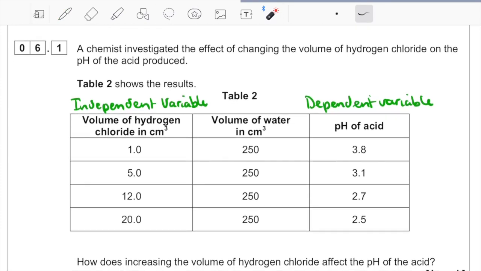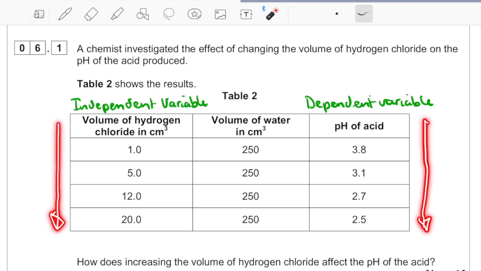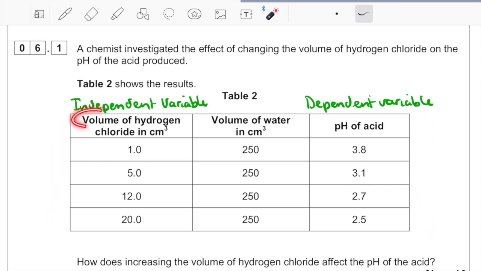So this first question asks us, how does increasing the volume of hydrogen chloride affect the pH? So this is the increase of hydrogen chloride. What is happening to the pH? Well, that's decreasing. It's best to talk about what it is that you're actually measuring.